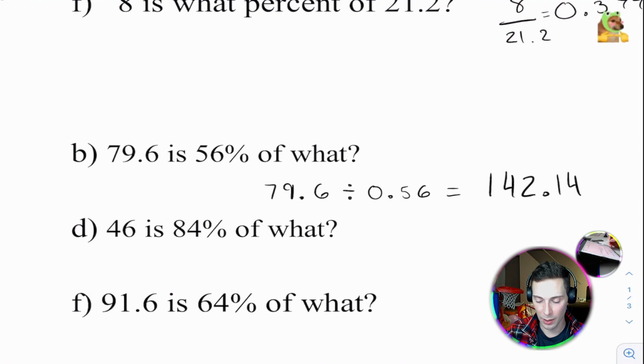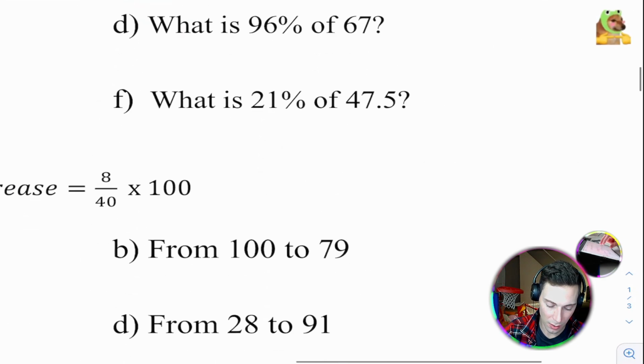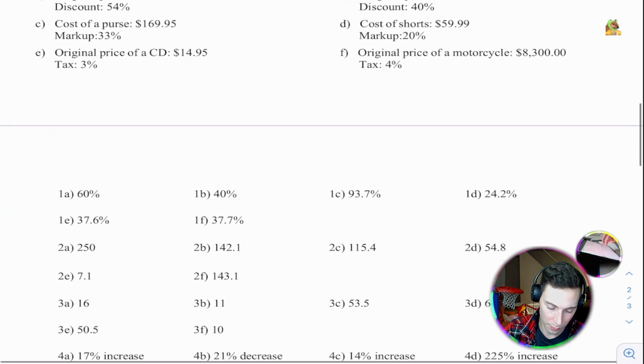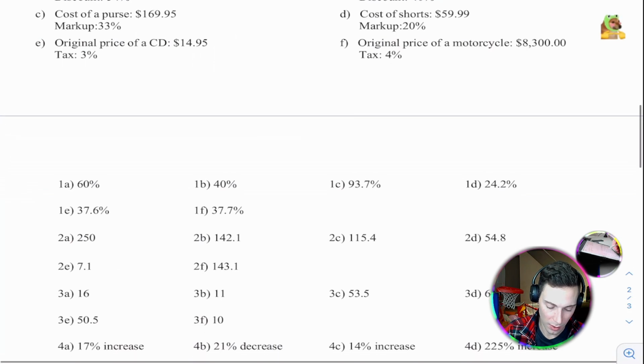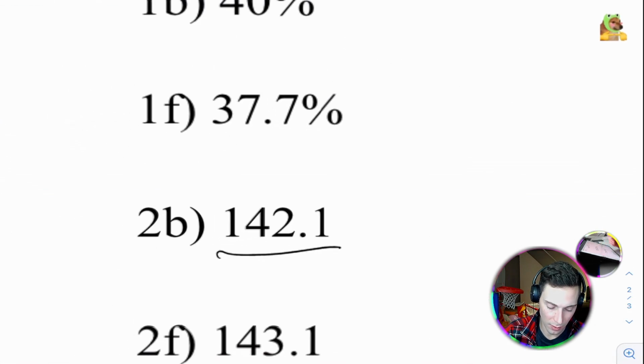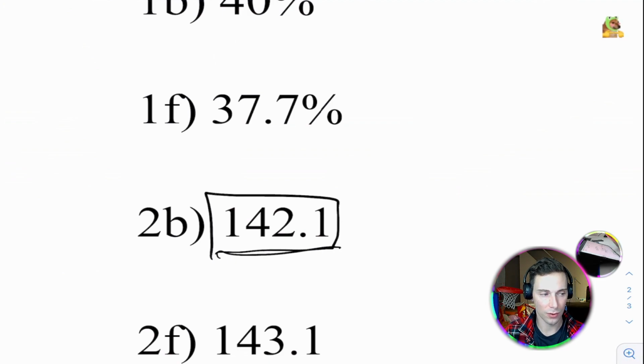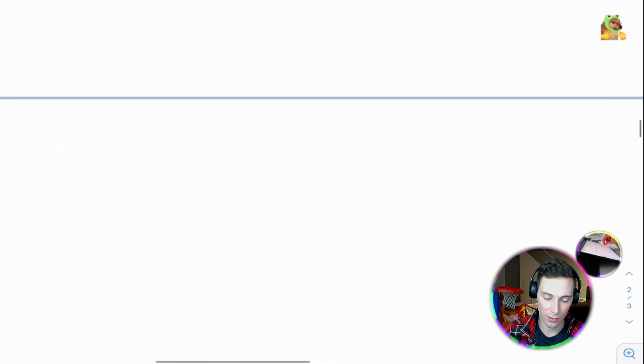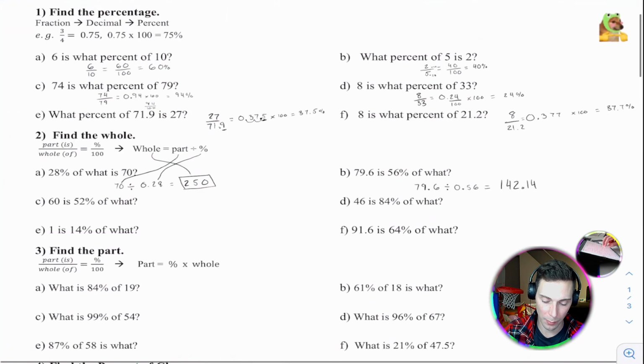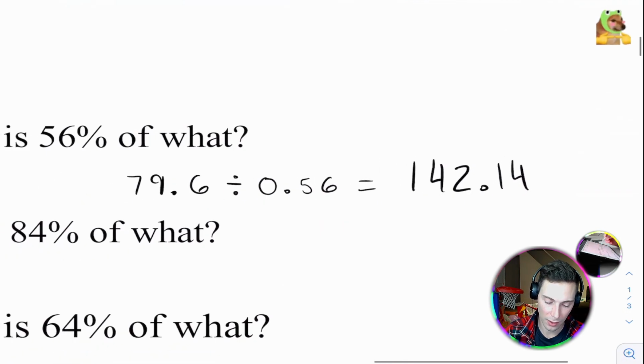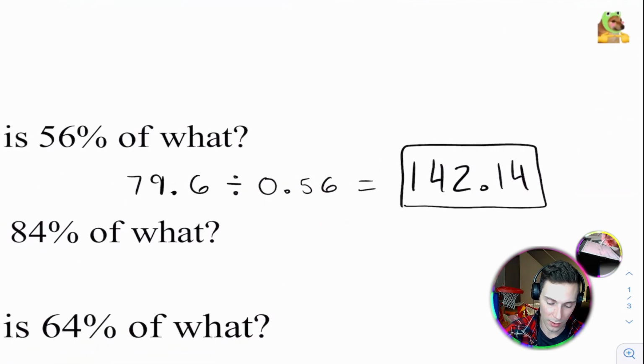Some people might round down to just 142.1. Some people might round down just to 142. Let's try and be a little bit more accurate. Let's see what our answer says here. In the answer it says it's just rounded down to the 10th, not the 100th, which is fine, right? Just a little bit more accurate, precise. This is our answer. This is our whole.